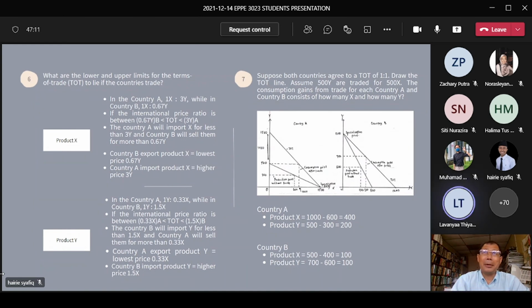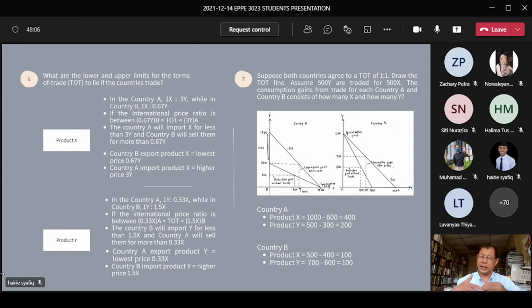The main thing about trading is the specialization point, which is complete specialization at the very right, which is 100 X. Country A produces X completely, but 0 Y. The opposite for country B. Country B specializes all the way up in Y, completely, but 0 X. You have to put this in your mind, it's very easy to know.